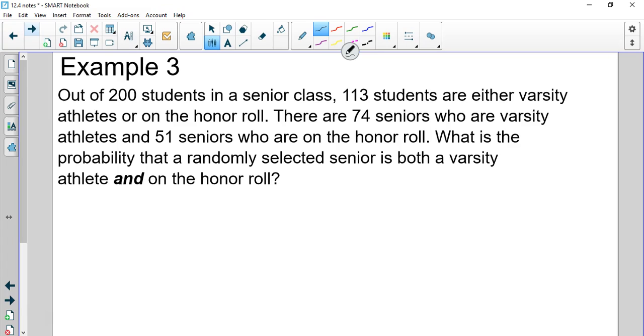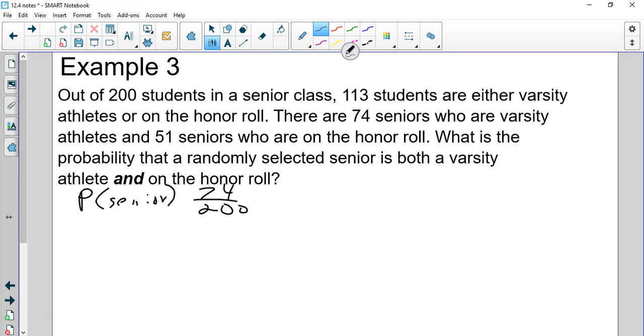All right, example 3. Of 200 students, 113 are varsity or on the honor roll. 74 are varsity and 51 are on the honor roll. What is the probability that a randomly selected student is both varsity and on the honor roll? Okay, so let's break this down. The probability of varsity is 74 out of 200.